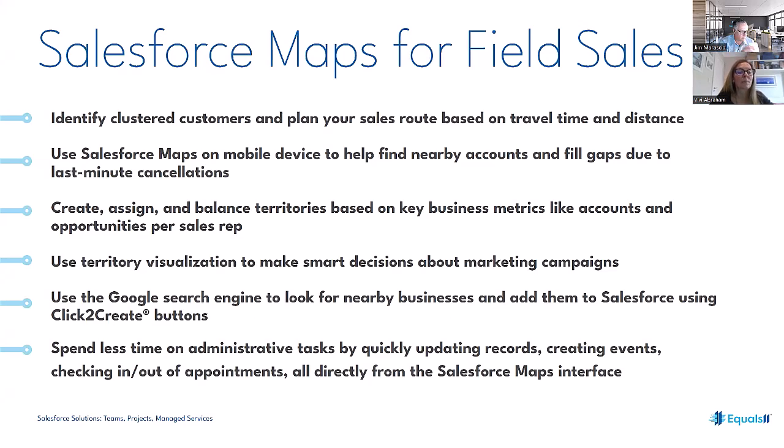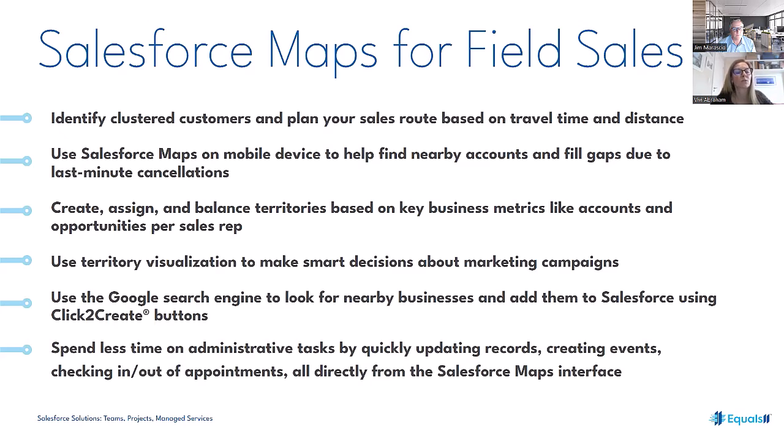With Salesforce Maps on mobile, you can find nearby accounts. The documentation refers a lot to last minute cancellations, so it's a very common use case. You are there in the field, your schedule for the day is fully booked, but you get last minute cancellations.